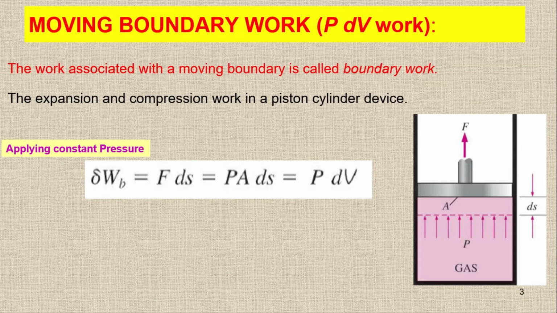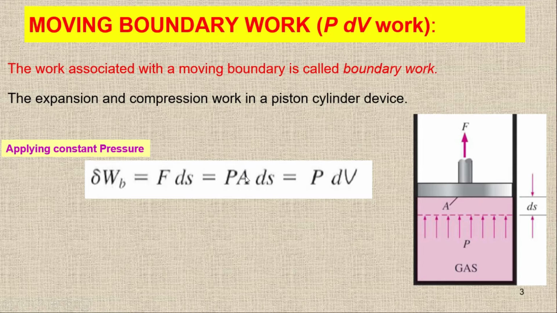By definition, work is equal to force times the displacement. So I can replace this force by PA, because pressure is force upon area, so force is simply pressure times the area, and we have the ds here.